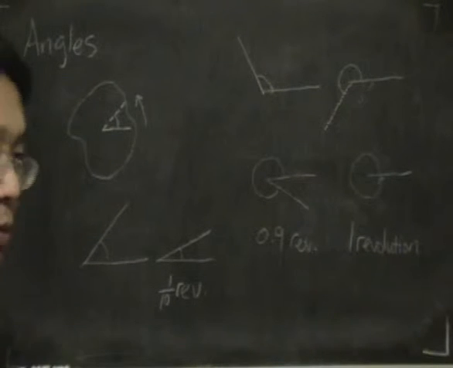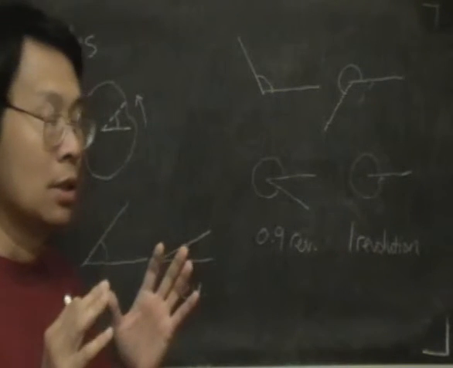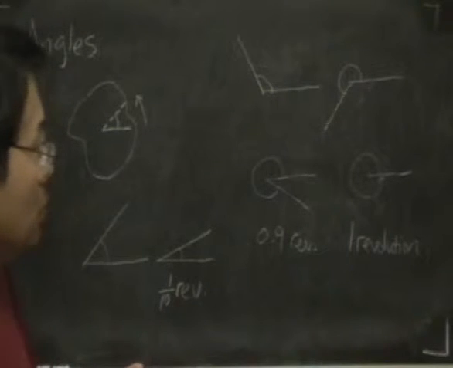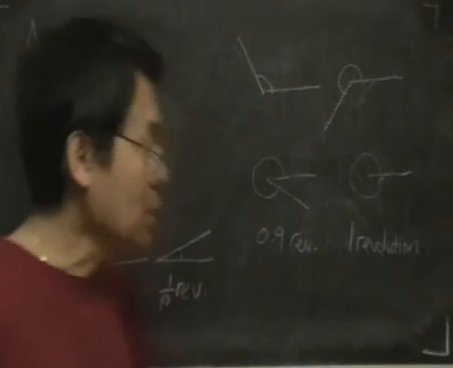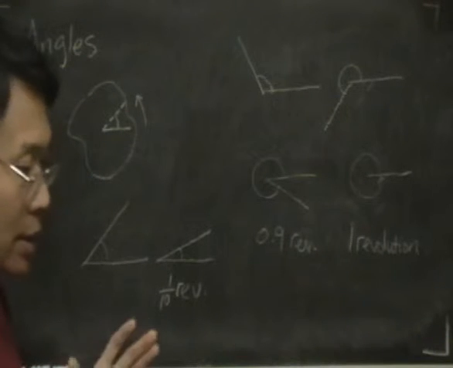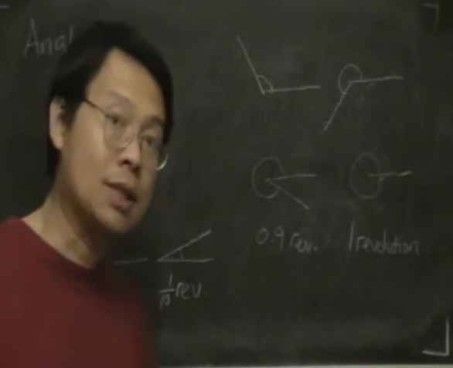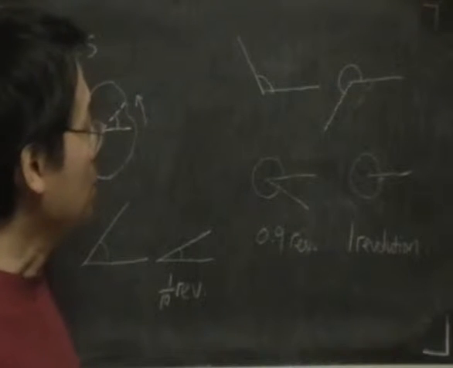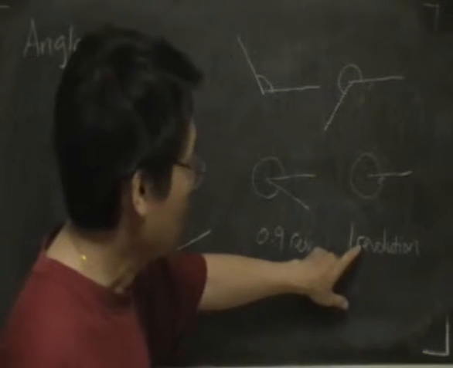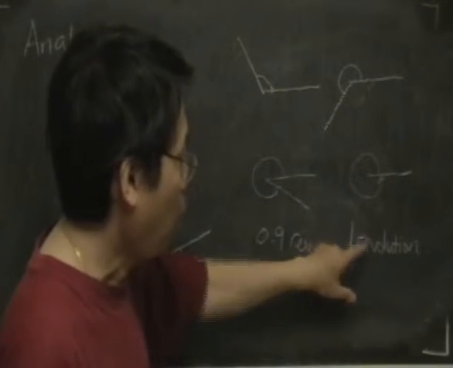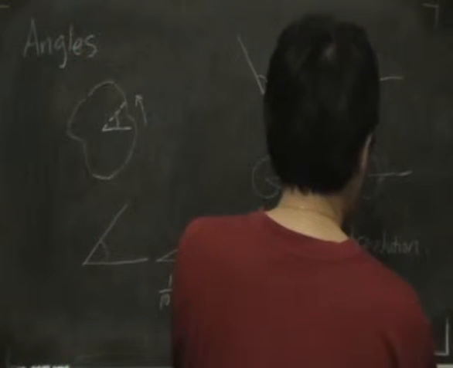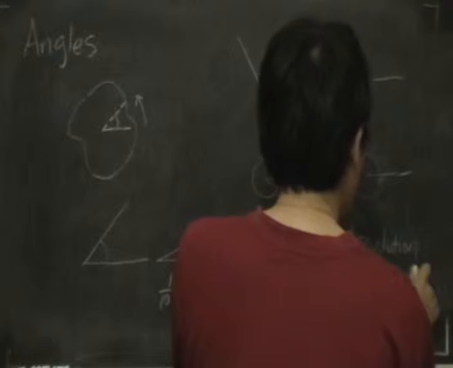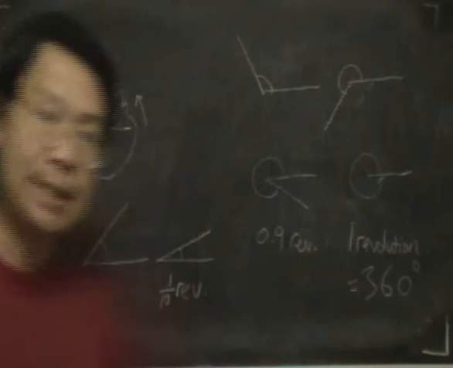So a degree is a very small part of a revolution, and in fact one way to understand what a degree is to start by learning that one revolution corresponds to 360 degrees.